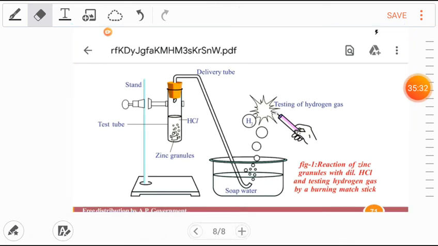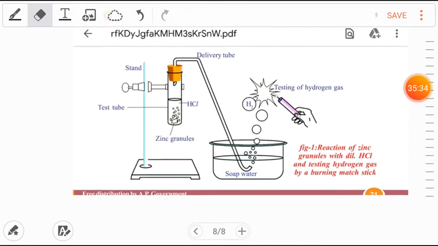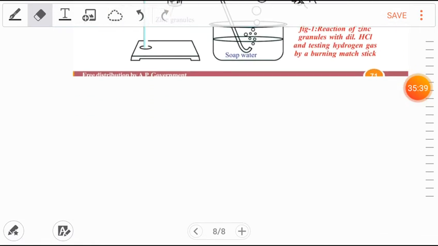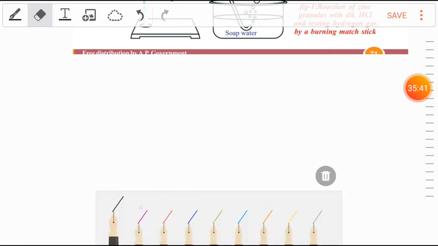See, this is the apparatus you're going to make. Once you see this, try to understand what I'm explaining.